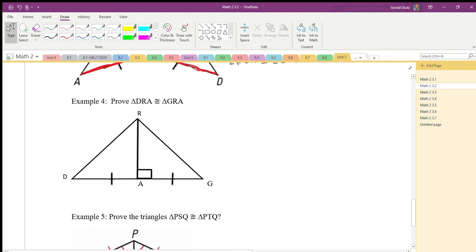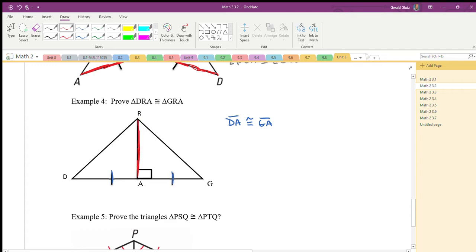And then example 4. So I would recommend you guys pause the video and try this on your own. So I know that DA is congruent to GA. This one is a little tricky.